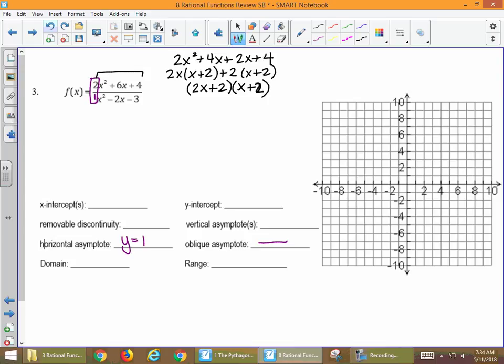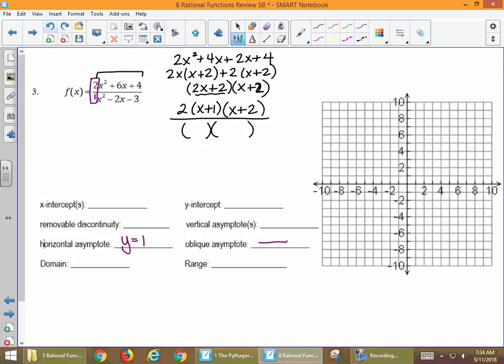All right, so 2x plus 2, I didn't even realize I could have taken out greatest common factor from the beginning. I'm going to go ahead and take it out at 2x plus 2. So that whole thing is going to become 2 times x plus 1 times x plus 2. The denominator is simpler to factor. I need two factors of -3 that add to -2.